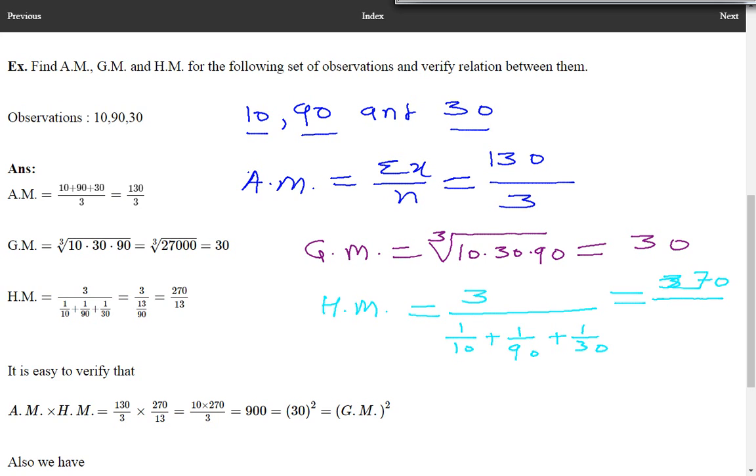270 upon 13. Okay. Then you can easily verify that the product of arithmetic mean and harmonic mean equals 900, which is the square of 30 and which equals the geometric mean squared. So thus we can verify that arithmetic mean into harmonic mean equals the square of geometric mean.